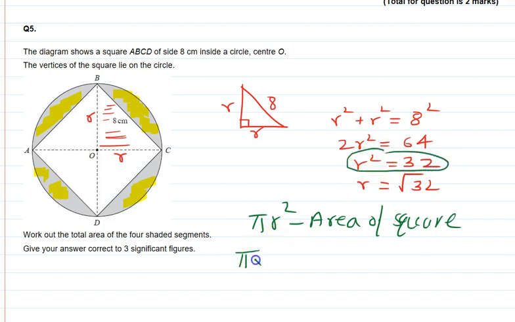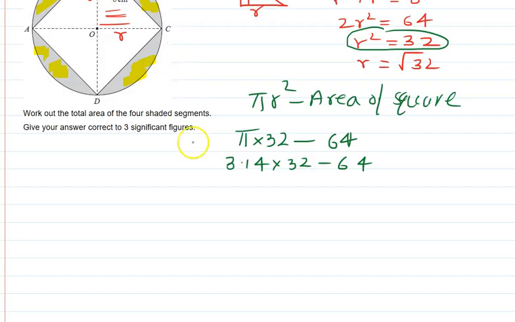So pi times 32, and the area of a square is side times side, that is 8 times 8, 64. So 32 pi, 3.14 times 32, minus 64. Yeah, and we can multiply this 3.14 times 32.